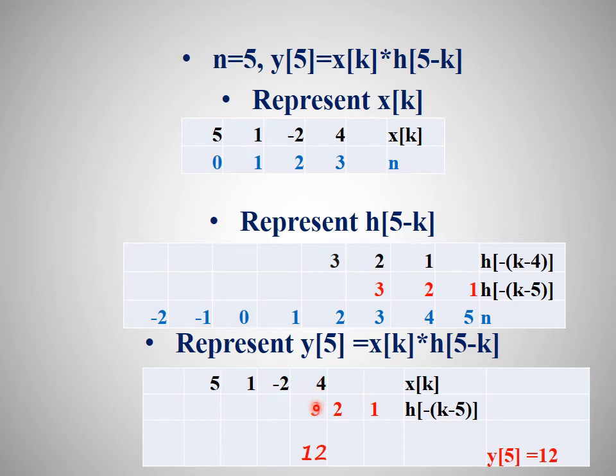At 3 it is 4. Here also at 3 it is 3. At 4 it is 2 and at 5 it is 1. So the answer would be 4 into 3, 12. So y of 5 would be 12, which means x of k into h of minus of k minus 5 would be 12.